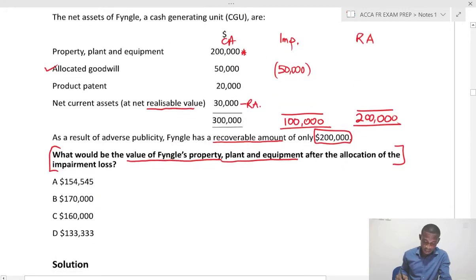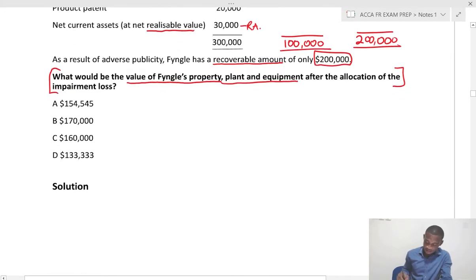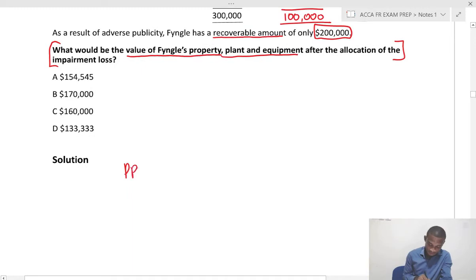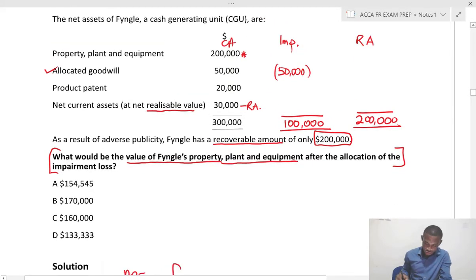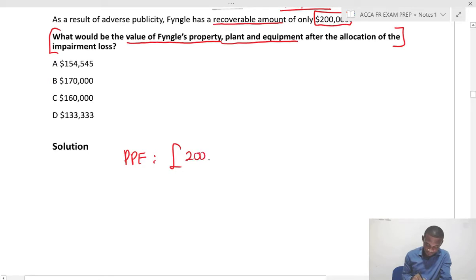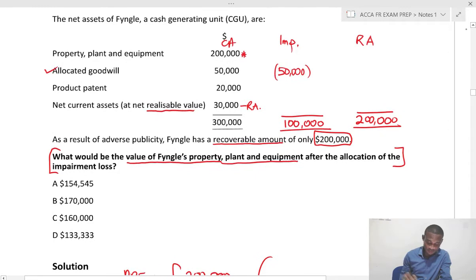So it means that the PP value should be 200,000 less the portion of the impairment that will be allocated to the PP. So we look at the remaining asset, which is the product patent, and that is 20. So the total should be 220.